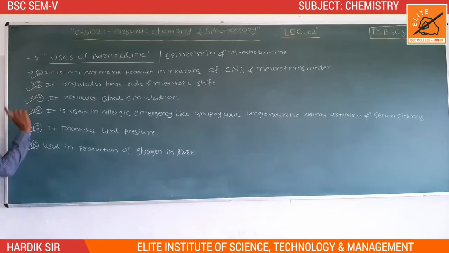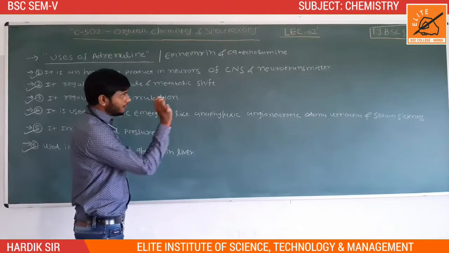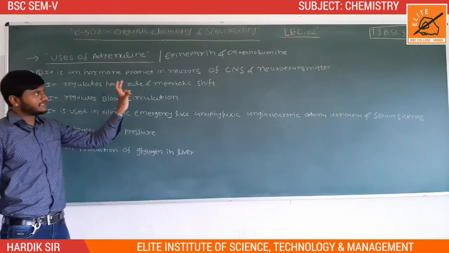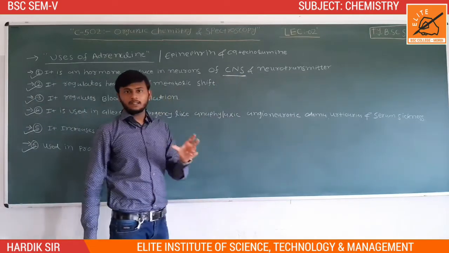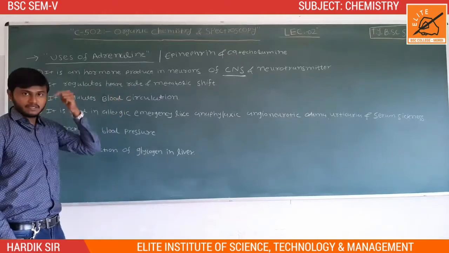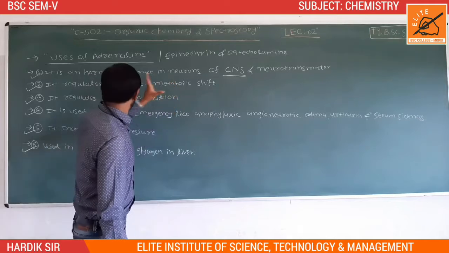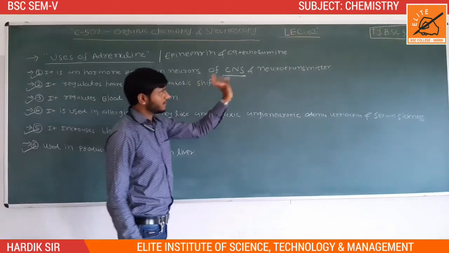It is a hormone and neurotransmitter that acts on the neurons of the CNS. What does CNS mean? CNS means central nervous system. Our human body contains a central nervous system, which regulates all body parts, and this drug acts on the neurons of the CNS as a neurotransmitter.